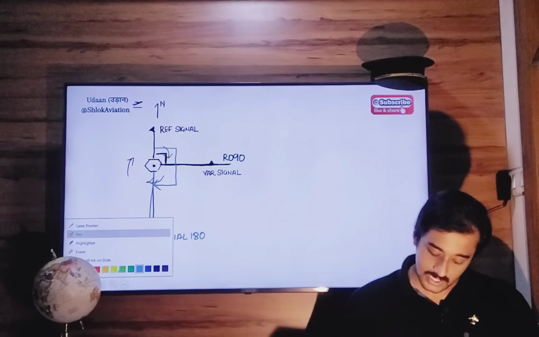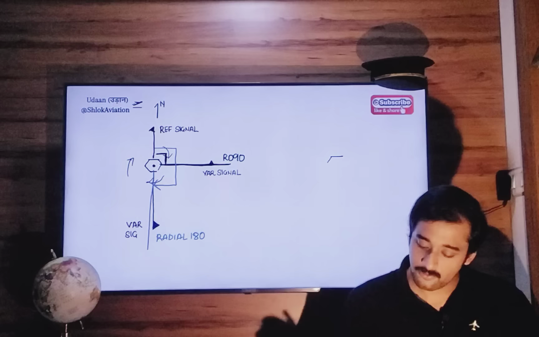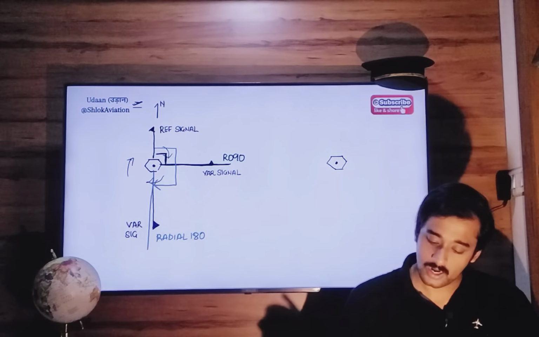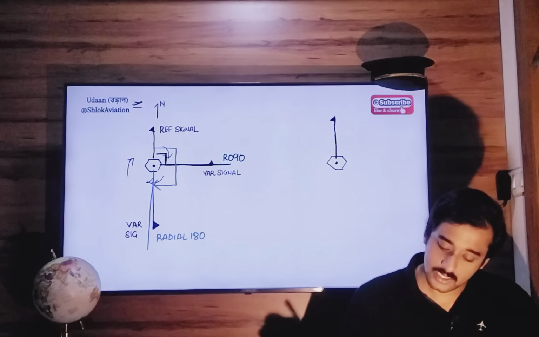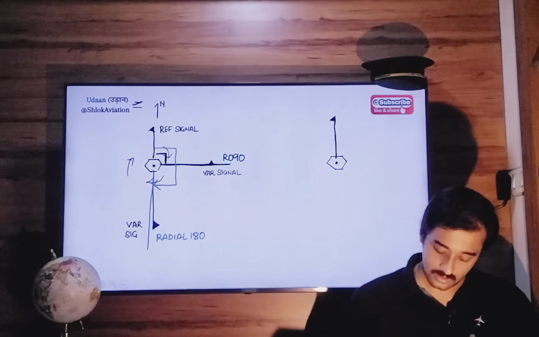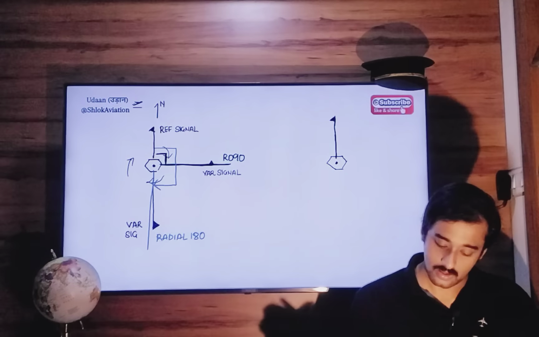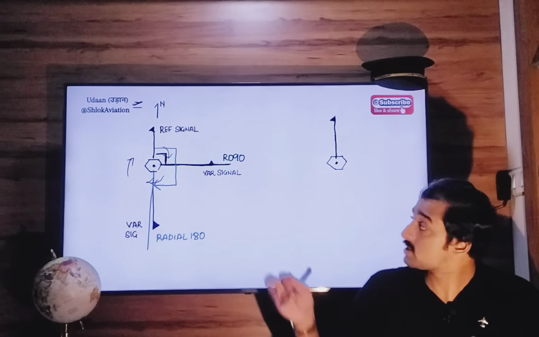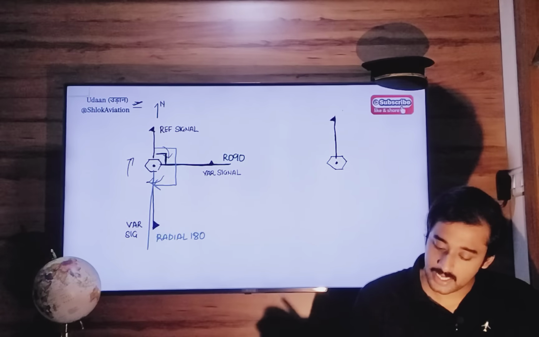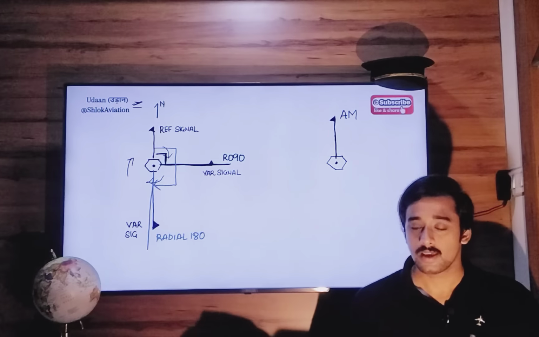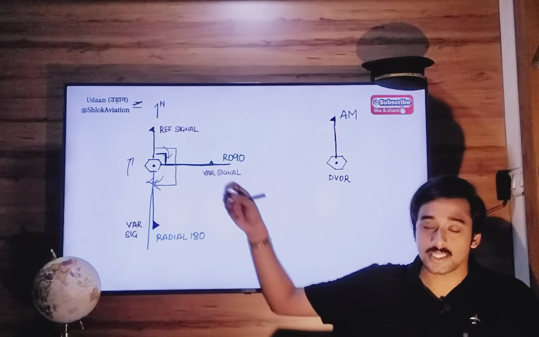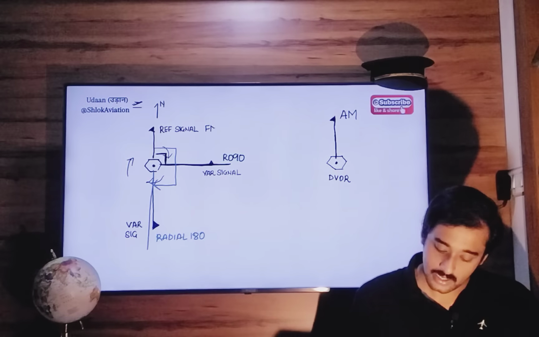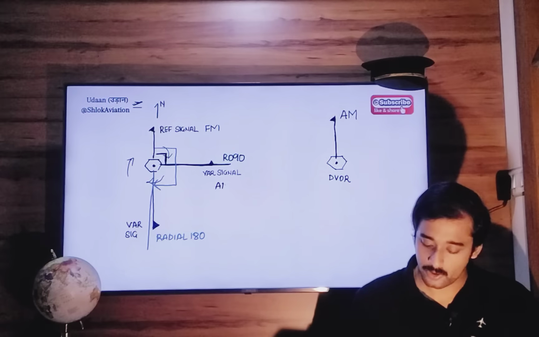Now Doppler VOR, same concept, slight differences. In a Doppler VOR, the reference signal is amplitude modulated. In case of conventional VOR, the reference signal is frequency modulated and the variable signal is amplitude modulated.